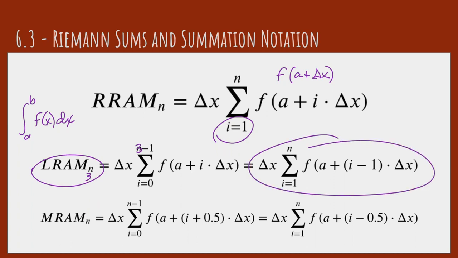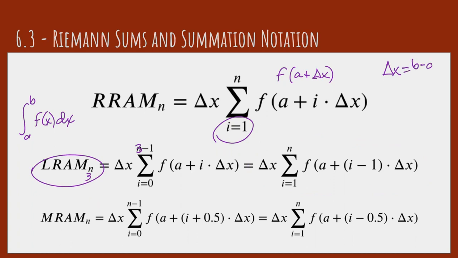Also notice that b is not anywhere in these formulas except that we use it to calculate delta x. So we can use a and b to figure out what delta x is, plug in what we know, and then evaluate the sum. So it's a closed form, very generalized, which allows us to use these formulas for large values of n if we have a computer or calculator that can help us evaluate these sums.